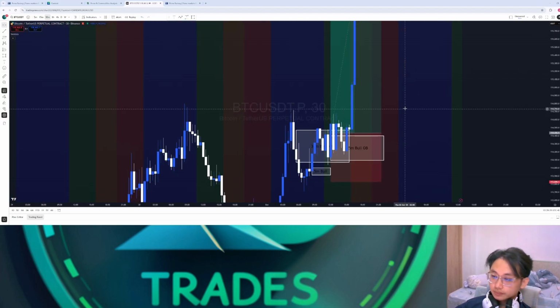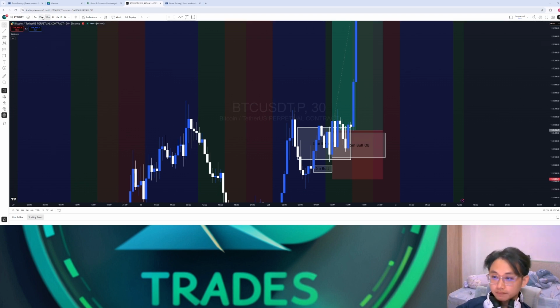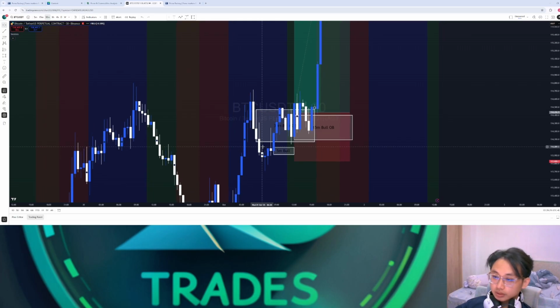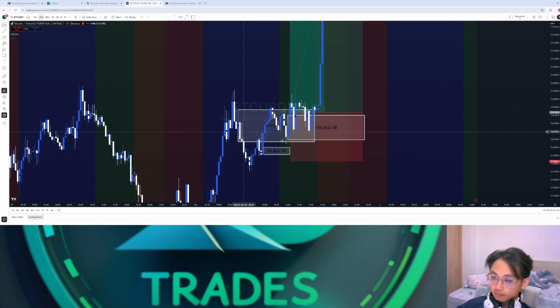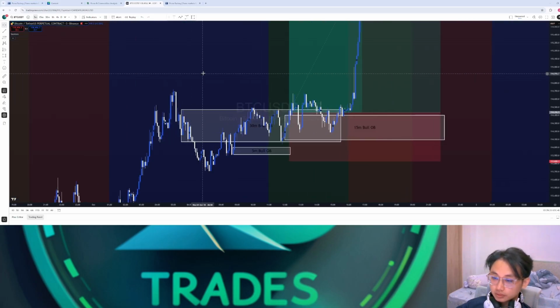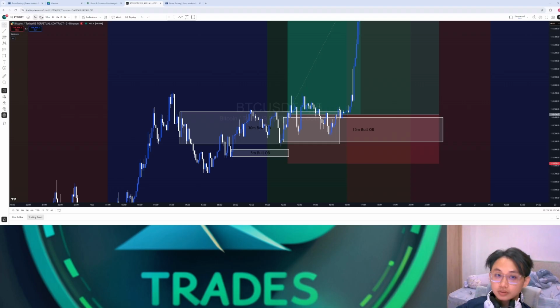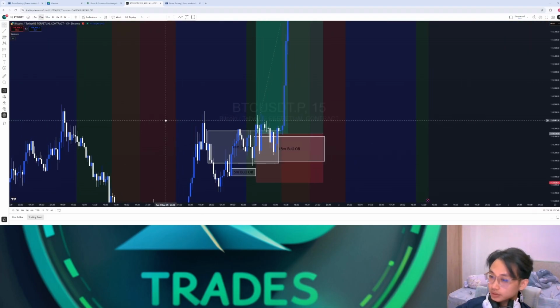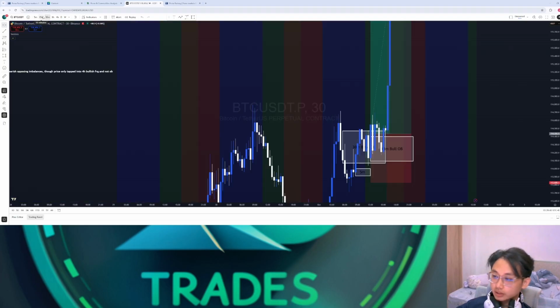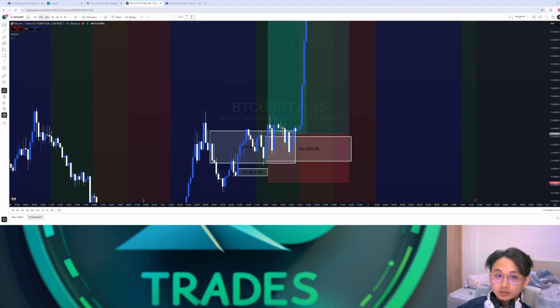So you can see here, I guess the main opposing imbalance was the 30-minute bearish OB. So I waited for this to be mitigated, then POIs was, yeah, I just simply waited for this 30-minute bearish OB to be mitigated completely.